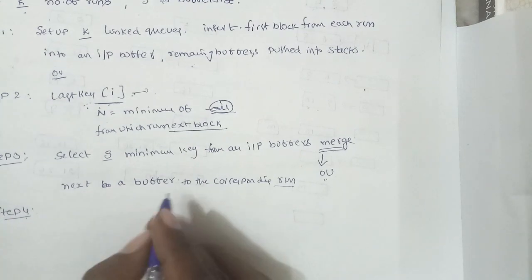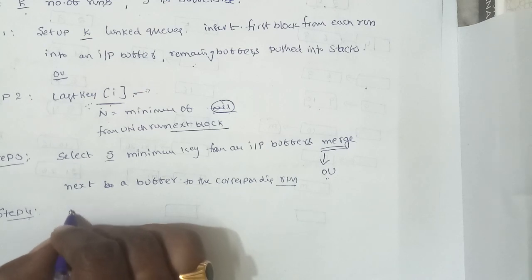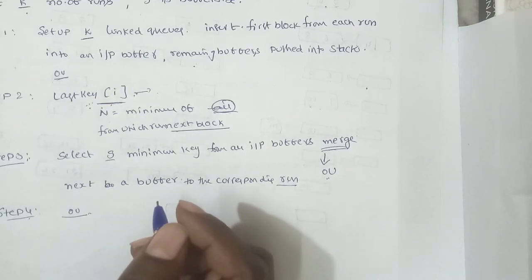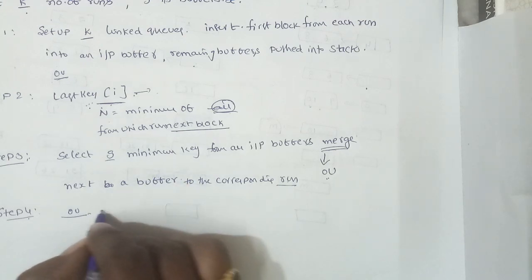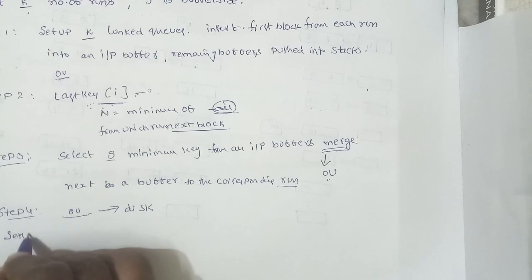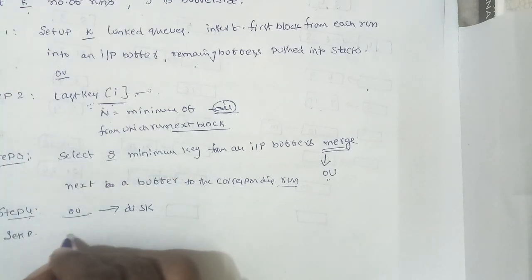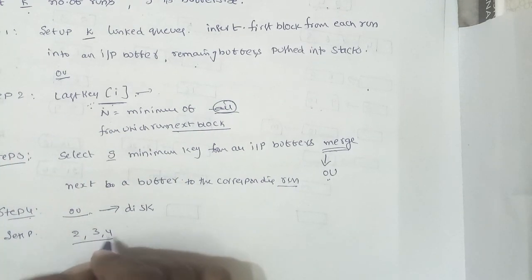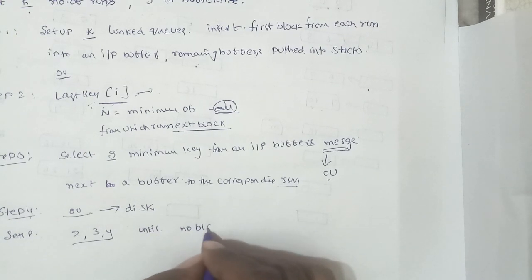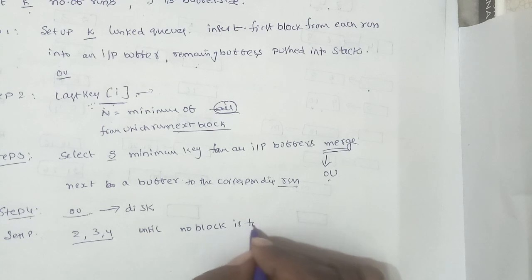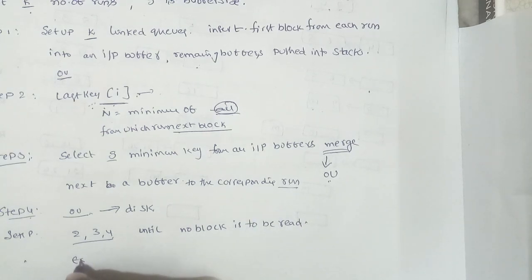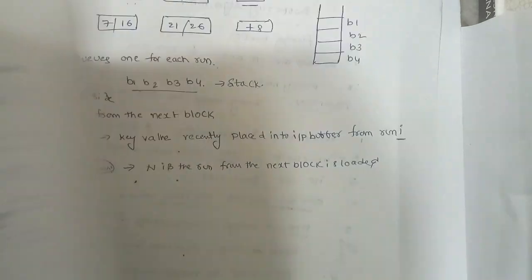What is the final step? Finally, place all the information in the output buffer onto the disk. Step 5 is to repeat operations 2, 3, 4 until no block is left to be read, that is, the entire run is completed, and finally exit. You got it? Simply, this is the algorithm.